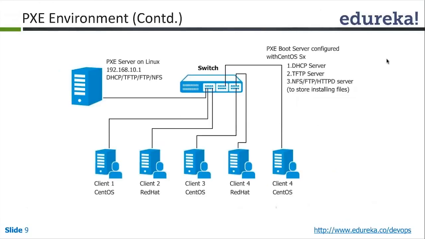And the hypervisor could be either VMware or a Xen server. Whereas if it's CentOS or Red Hat, KVM, and if it's Windows, Hyper-V, they all come embedded in the operating system. So this is your first environment. So imagine you want to now install 100 systems in one go in your data center.